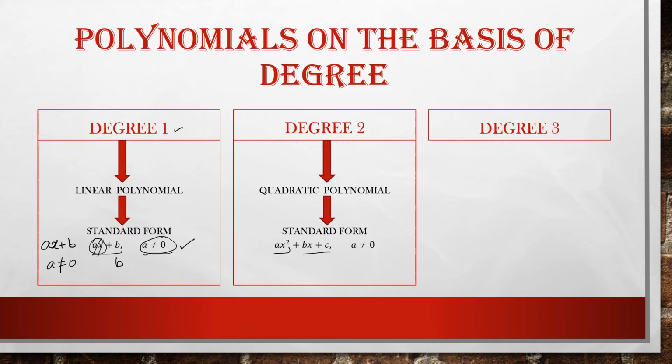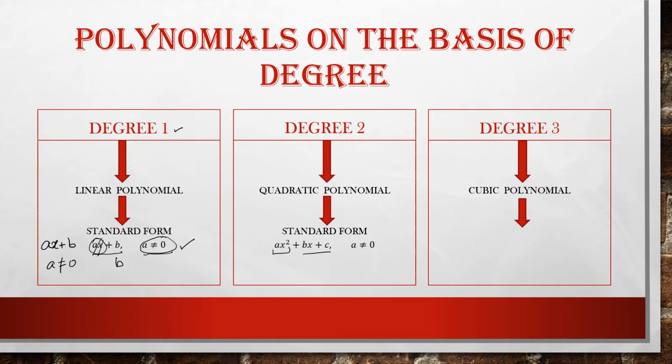Now what if the degree is 3? If the degree is 3, then we call it a cubic polynomial and its standard form will be ax cube plus bx square plus cx plus d and a should not be equal to 0, right? Power 3, power 2, power 1, power 0, right?